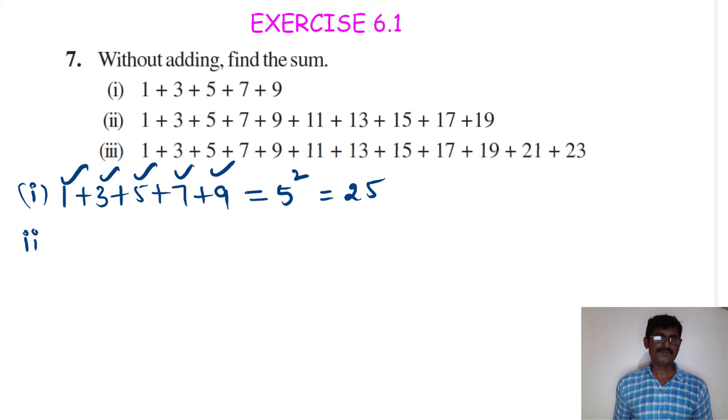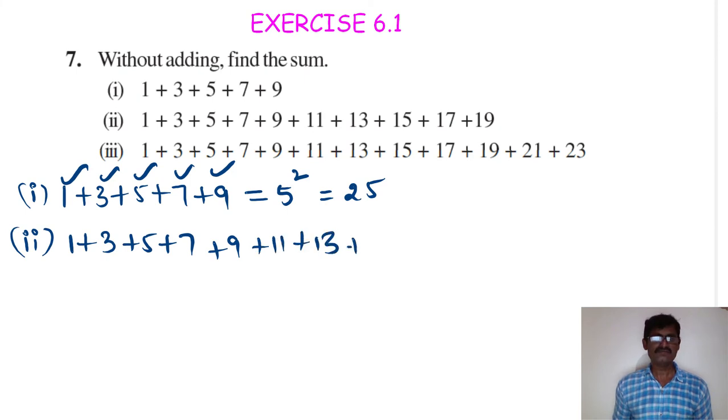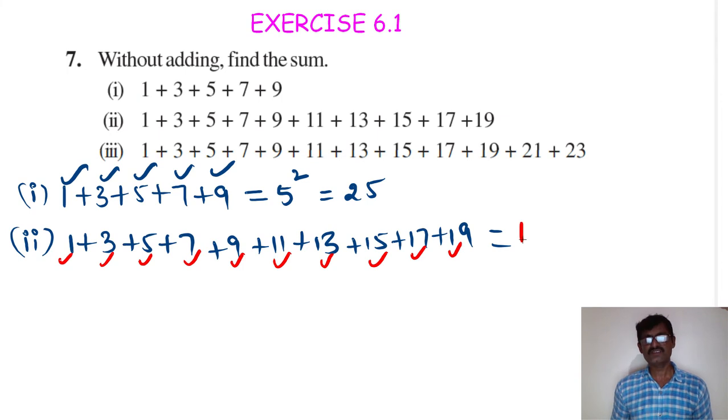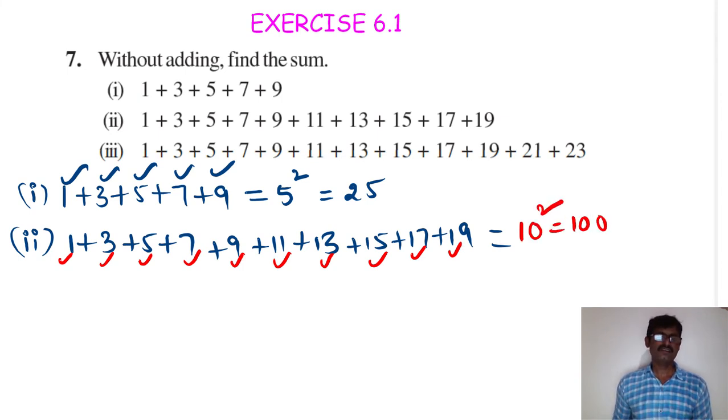Next, second one. 1 plus 3 plus 5 plus 7 plus 9 plus 11 plus 13 plus 15 plus 17 plus 19. So that is equal to, just count how many numbers are there. 1, 2, 3, 4, 5, 6, 7, 8, 9, 10. So this is equal to 10 square, which is equal to 100.